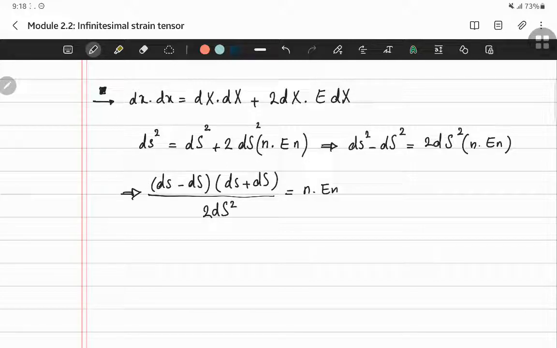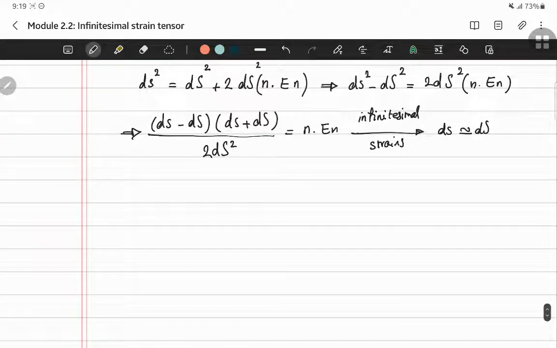Since we're talking about infinitesimal strengths, we can say that ds is basically the same as dS. There isn't that much significant difference between the length in the current configuration and the reference configuration.